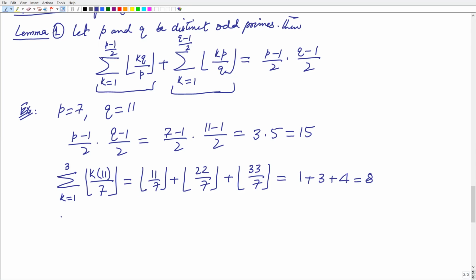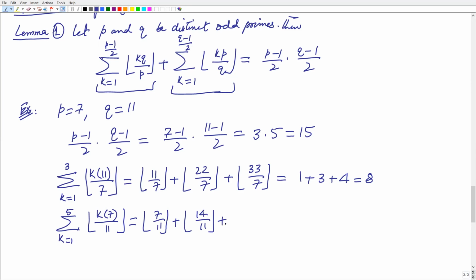Similarly, k equals 1 to (q minus 1) by 2, which is 5, of kp, meaning k times 7 divided by 11. When k is 1, we have 7 by 11. When k is 2, 14 by 11.